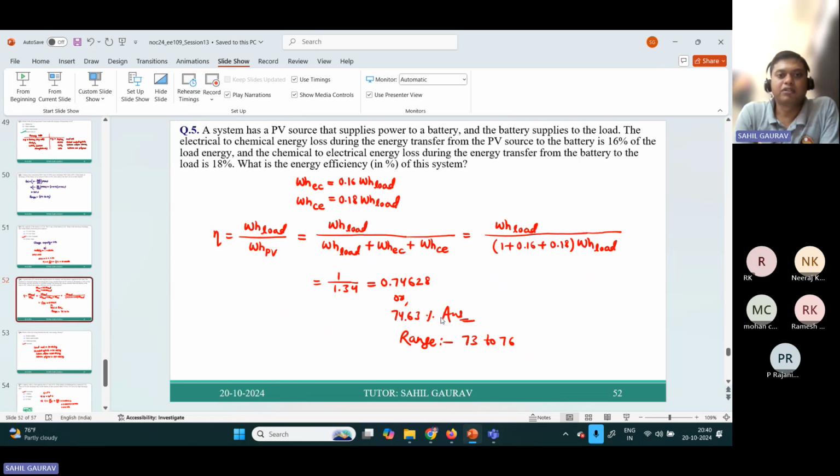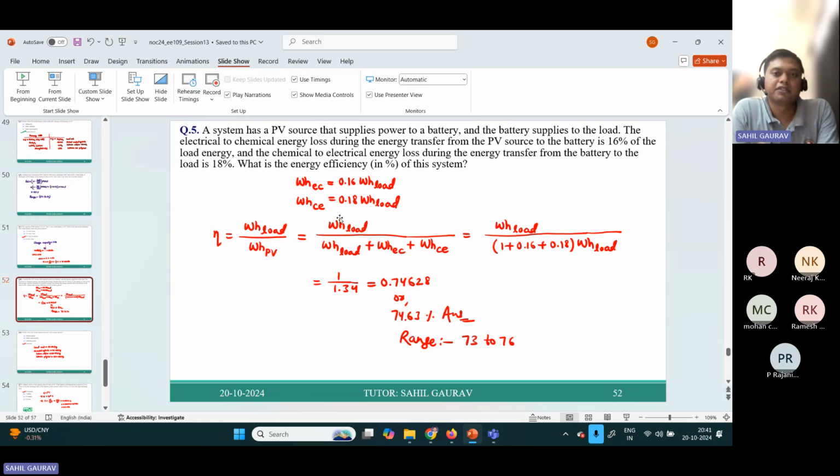Now let us see the next problem. In this problem, it is very simple. It is based upon the efficiency of the system from the PV to the battery. So efficiency of the system is the energy being provided to the load upon the energy being supplied by the PV.